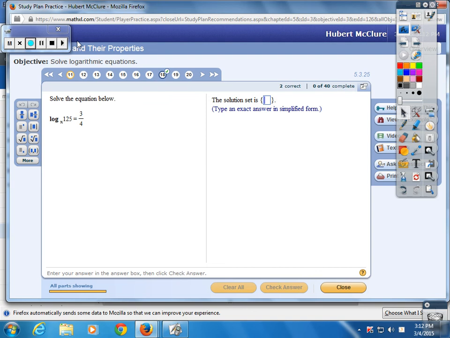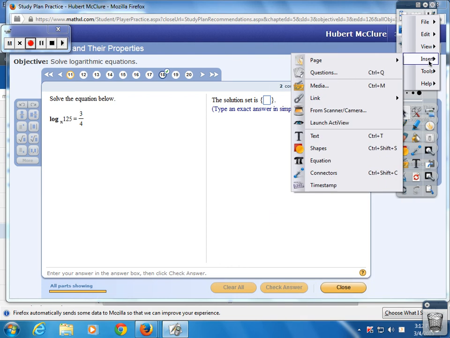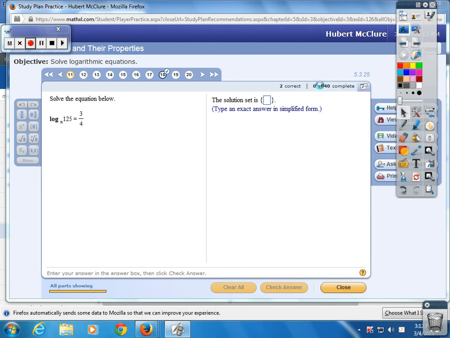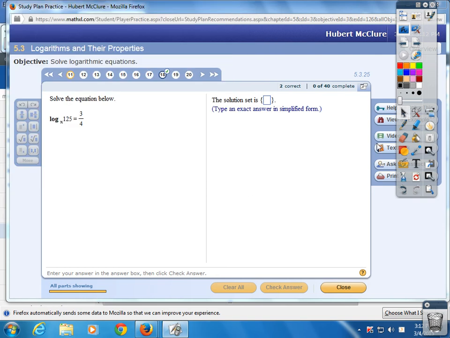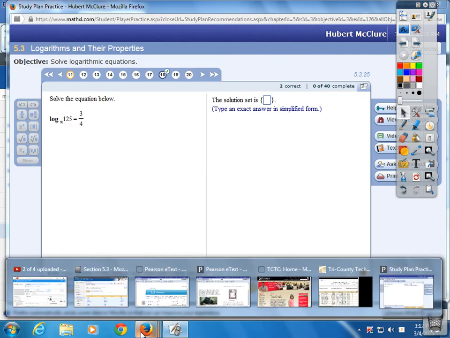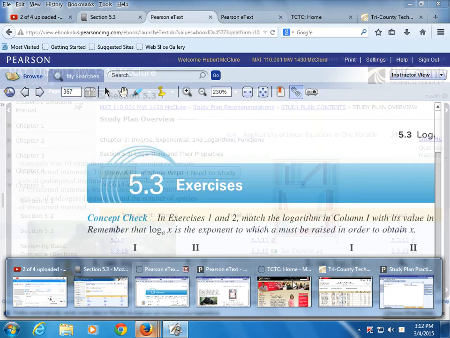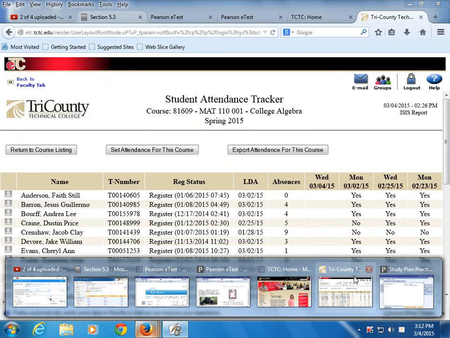I don't think I still have it on here because I probably started the computer over. Let me see if I still got it. I can't pull it out of the book, so I'll just pull it up from the internet.